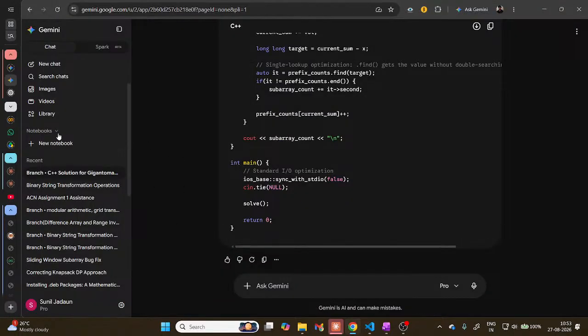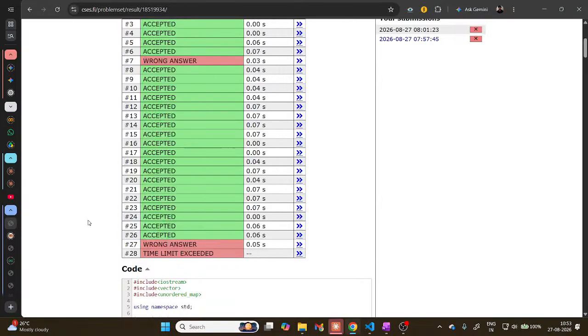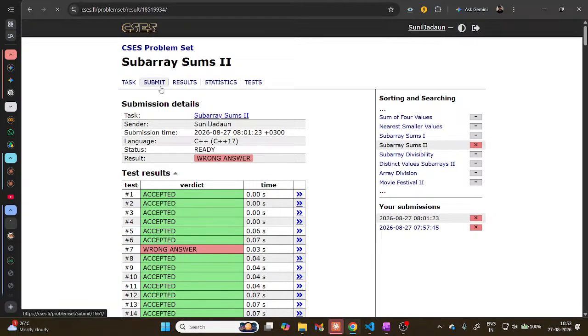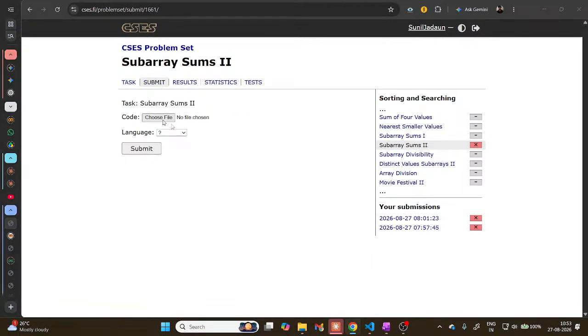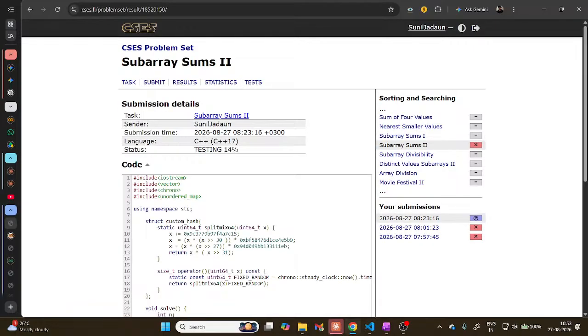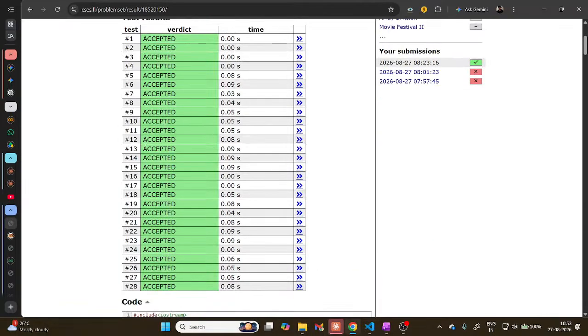Okay, let me try to submit it directly. Right. Submit to the file and it's accepted. Okay. It was a very complex implementation.